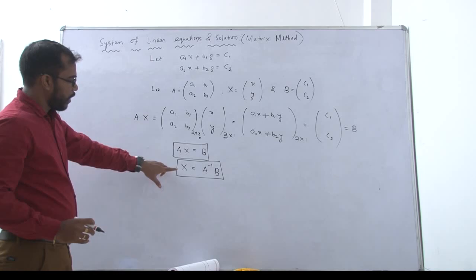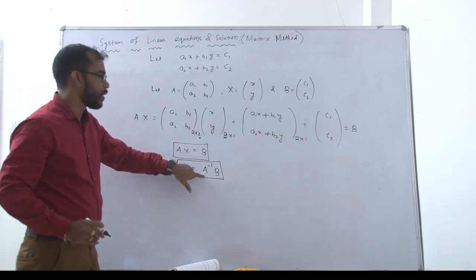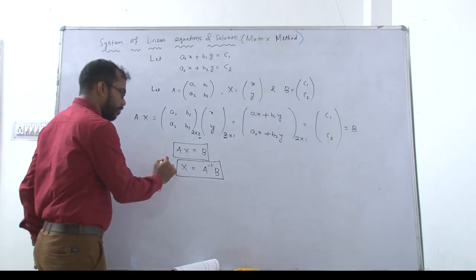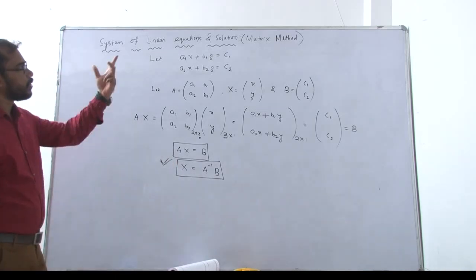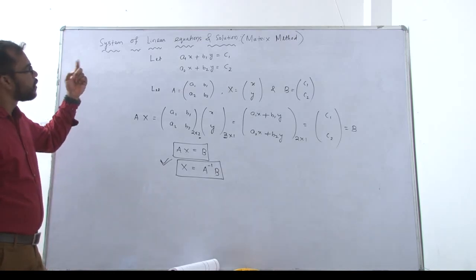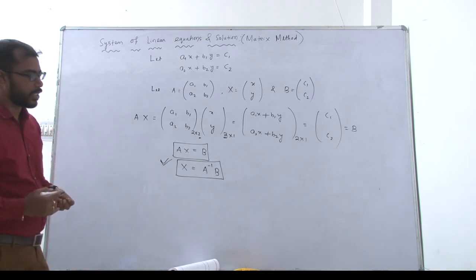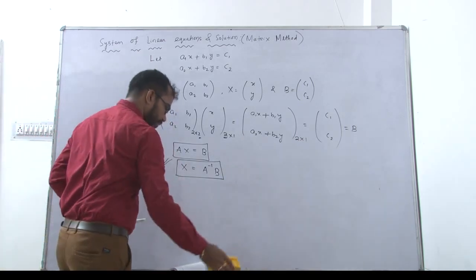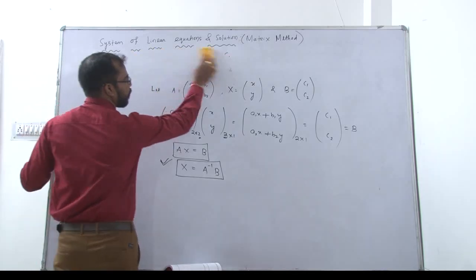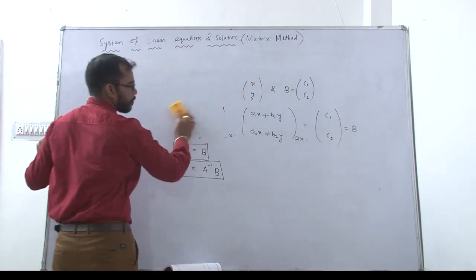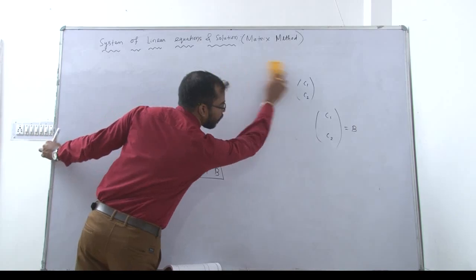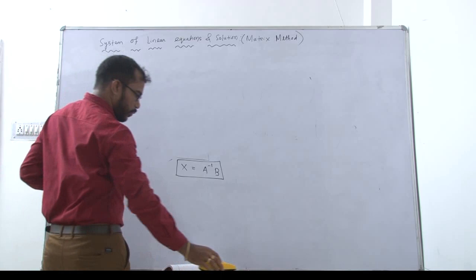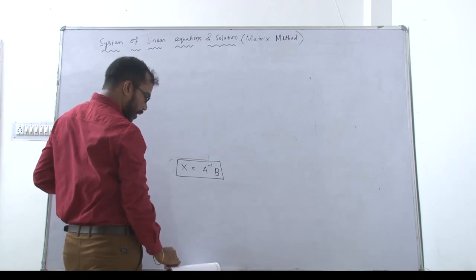So here X is equal to the inverse of A into B. This is a very important formula to get the solution of a system of linear equations by matrix method. So now let us take examples.